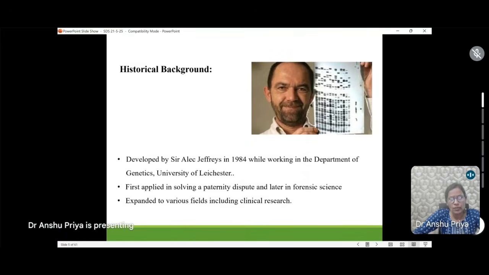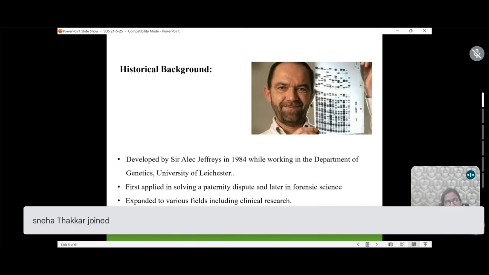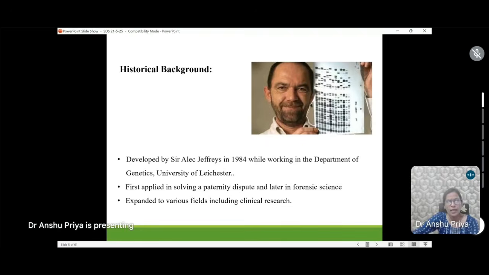So let's talk about some historical background. DNA fingerprinting was discovered by Sir Alec Jeffreys in 1984, when he was working in the Department of Genetics at the University of Leicester. They found a barcode-like structure present in the DNA, and they thought this barcode is very different from person to person and species to species.